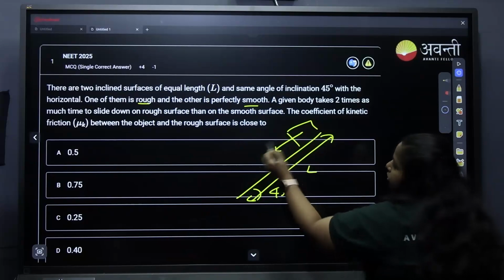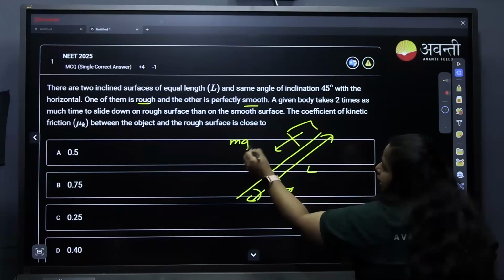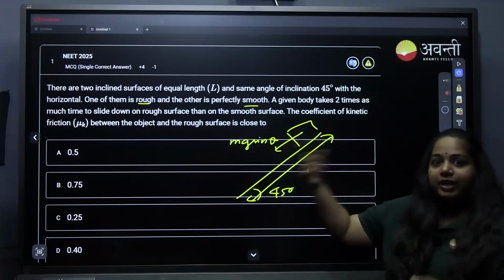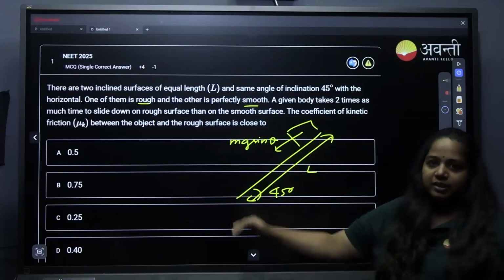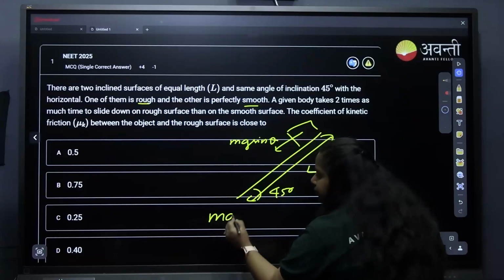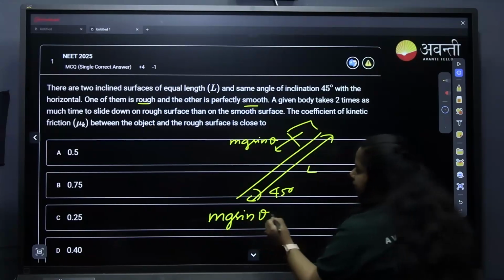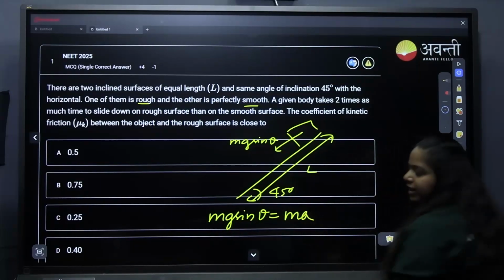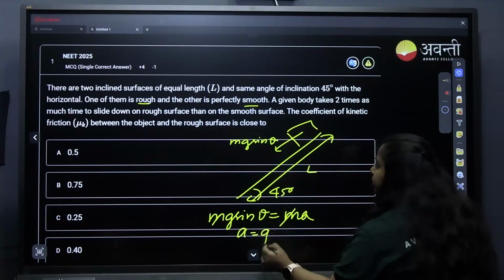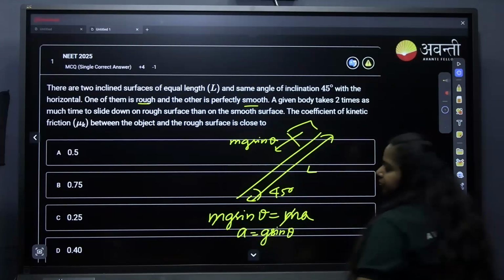So the only force acting in this direction is mg sin theta. This we have already done in inclined surfaces. mg sin theta is acting in this direction. So we can say mg sin theta is equal to ma. From this we will get acceleration equal to g sin theta.